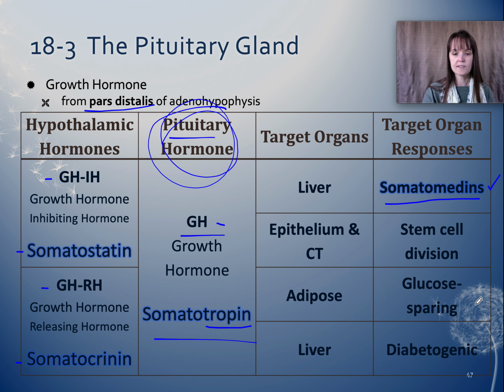Glucose-sparing effect, so we're at the adipose. This causes the breakdown and release of the fatty acids, and then the cells use those fatty acids to make ATP instead of the blood glucose. So that's why it's a glucose-sparing effect.